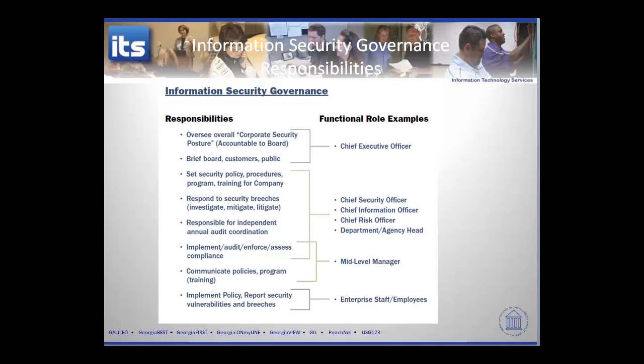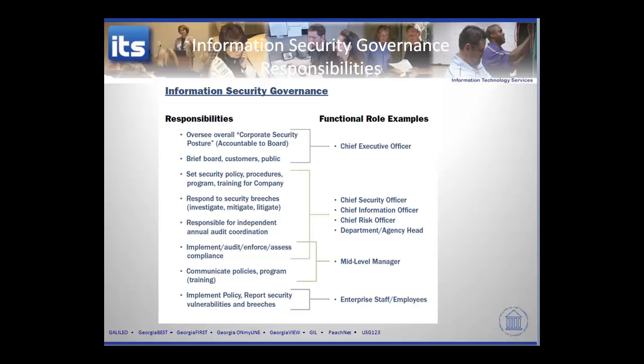Your Chief Security Officer and Chief Information Officer are going to be responsible for actually building the policy and procedures, the training programs, the management and the leadership around responding to security breaches. And then the responsibility for audit coordination and bringing them in and using them. And then again, parts of that leadership and management of implementing, auditing, enforcing, assessing actual compliance associated with a security program.